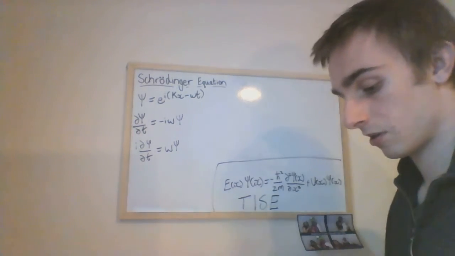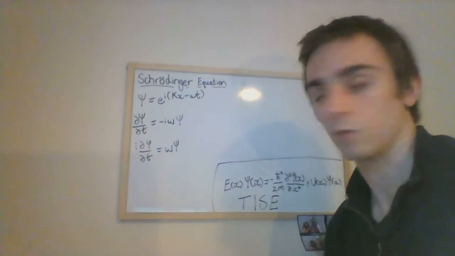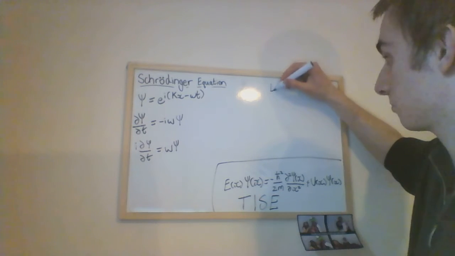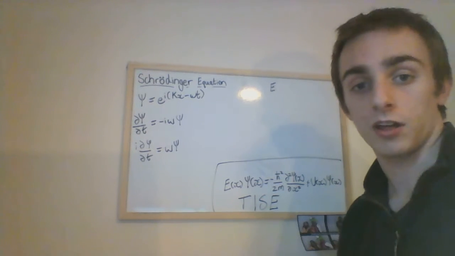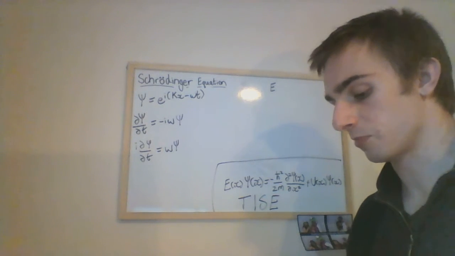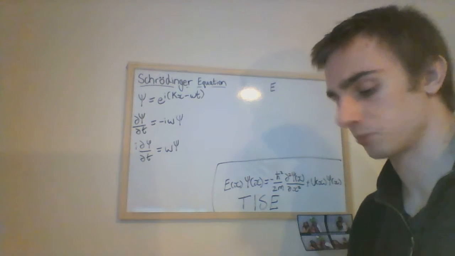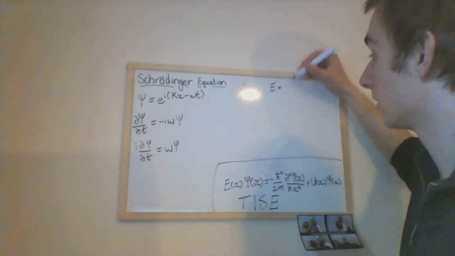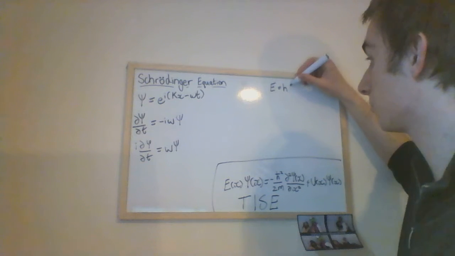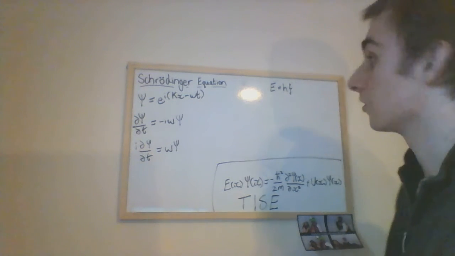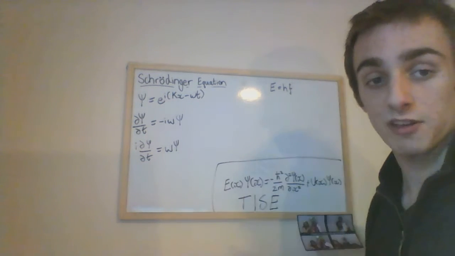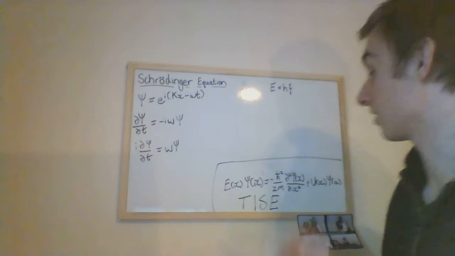Lovely. Okay, and we looked at the Hamiltonian expression for energy just a couple of minutes ago, but now we'll look at a different expression of energy that comes up a whole lot in quantum. This is the energy of a photon, or any kind of wave particle gray area thing.